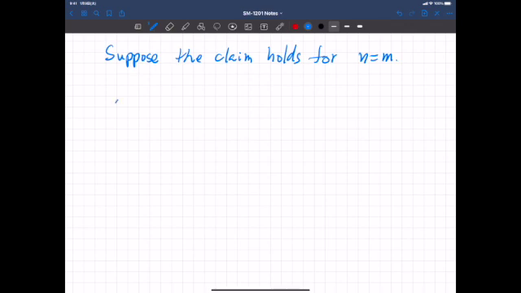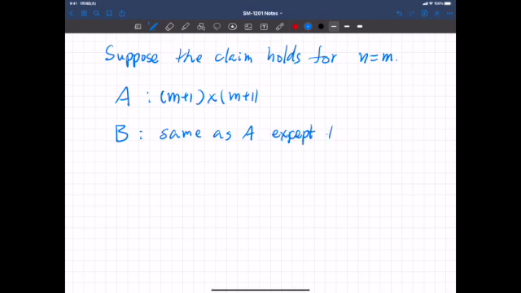Then now consider an (m plus 1) by (m plus 1) matrix A. And let B be the matrix same as A, except that the kth and lth rows are swapped.